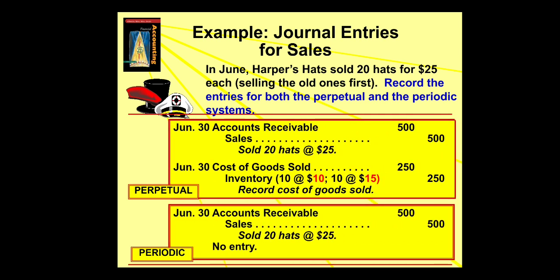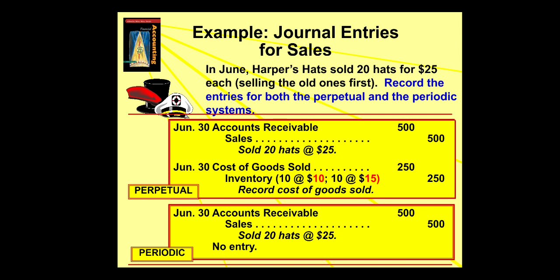In June, Harper's Hats, a business, sold 20 hats for $25 each, and this business sells the old ones first. It means that the business sells the inventory that goes in first.